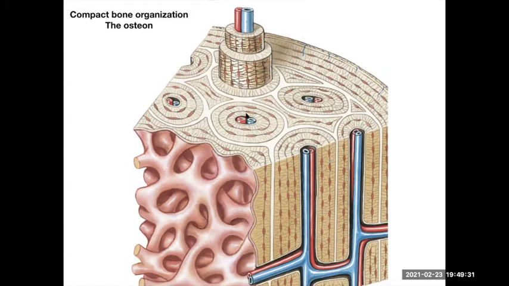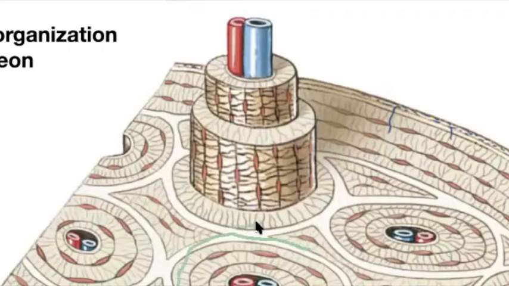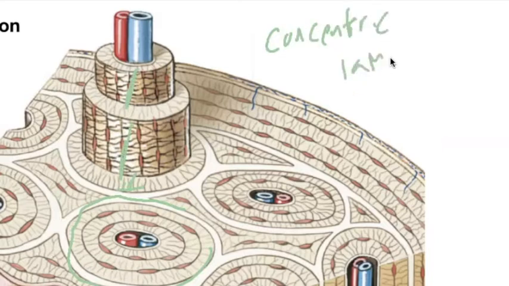And in the middle of the osteon, so this over here is an osteon, right? And this is one that's pulled out to show the different layers, right? Each osteon is made up of, in this case, 1, 2, 3 layers called concentric lamella, right?